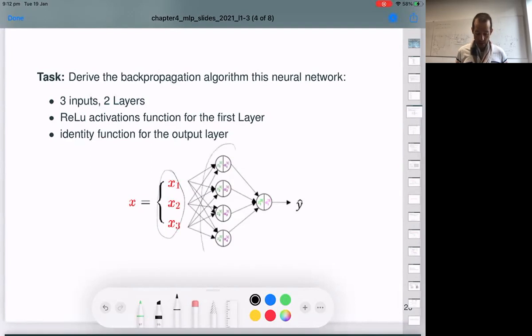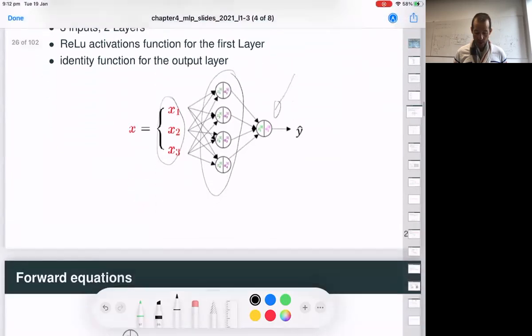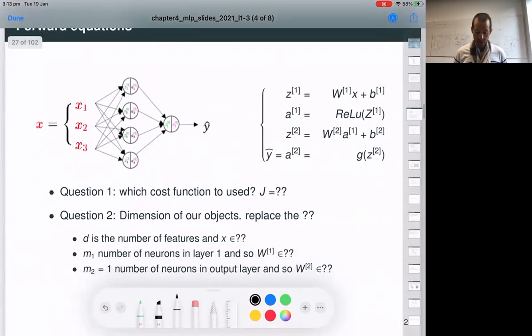I have just used identity as the activation function at the output to simplify. This is my neural network, and I want you to be comfortable deriving the backpropagation algorithm for this neural network. So I remind you what backpropagation is.